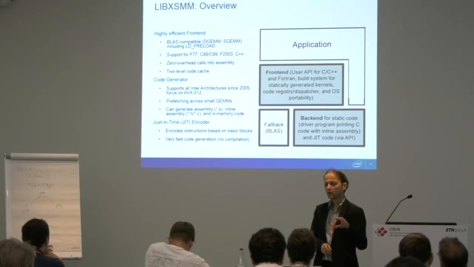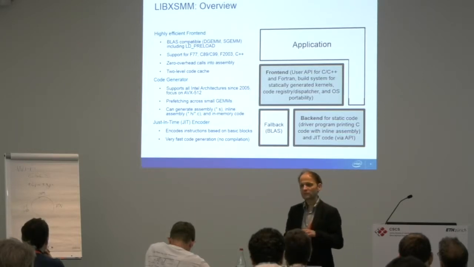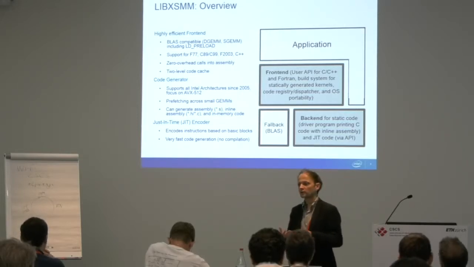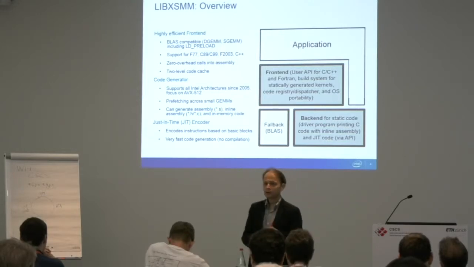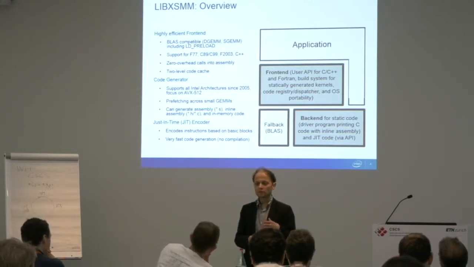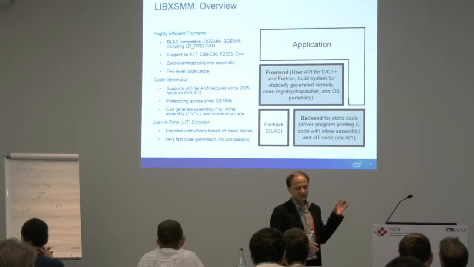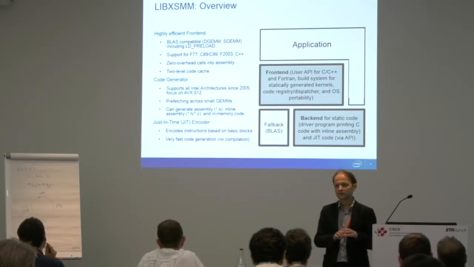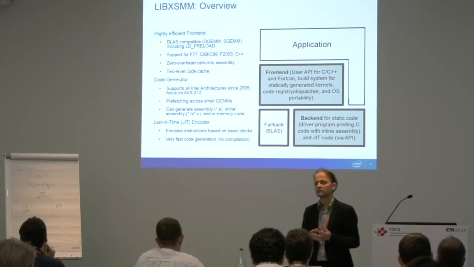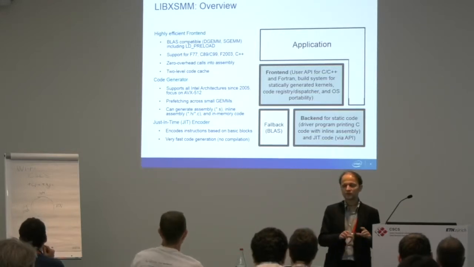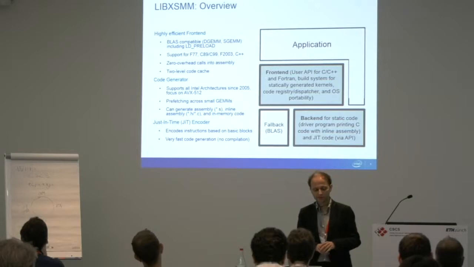Then we have a front end that exposes either a GEMM compatible API, or gives you these additional functions that you looked at before, like requesting a code version or calling something like this. This front end is, I would say, specialized towards the languages so that they feel natural with the actual language, like Fortran and C or C++. So we have customization towards these three languages.